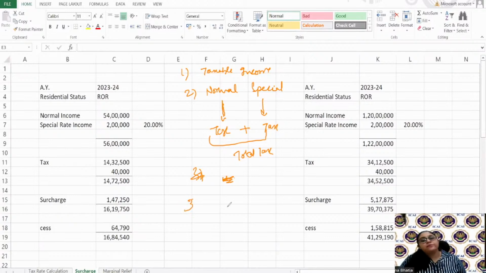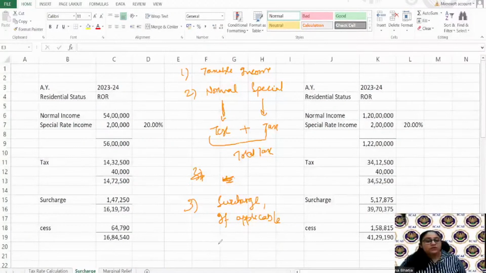Third step would be to compute surcharge and then cess, if applicable. If applicable, not for everyone, but only for the large income group. So if applicable, you have to add surcharge. What is surcharge? Surcharge is actually tax on tax.